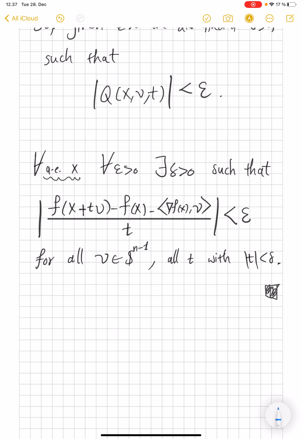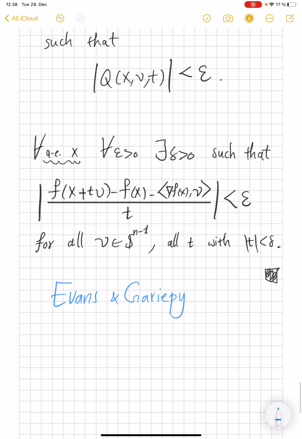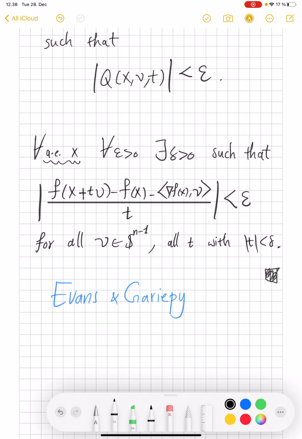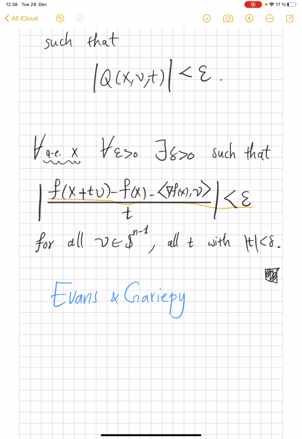Evans and Gariepy is the book where I followed the steps of the proof from. The name of the book is Measure Theory and Fine Properties of Functions. This proof can be found in many textbooks because it's such a fundamental result that is needed for all the rest.